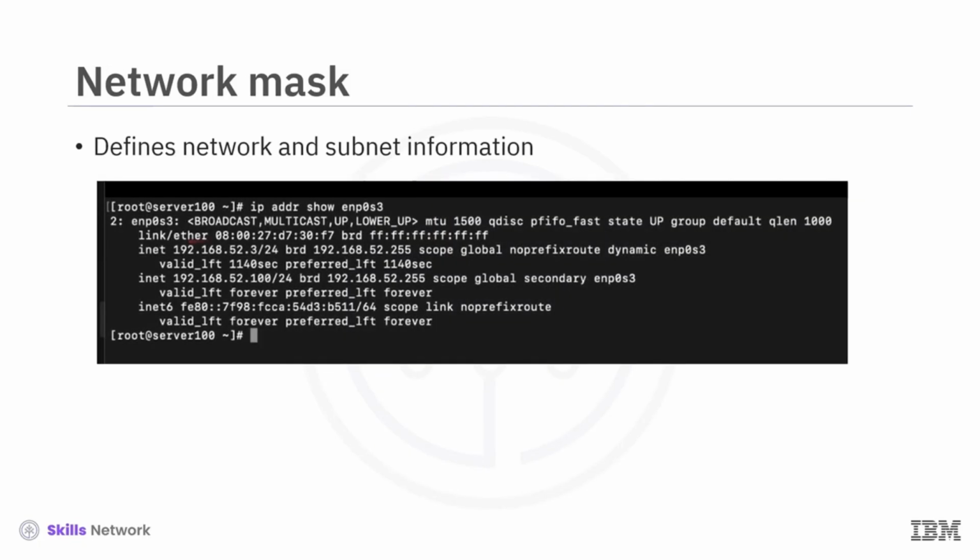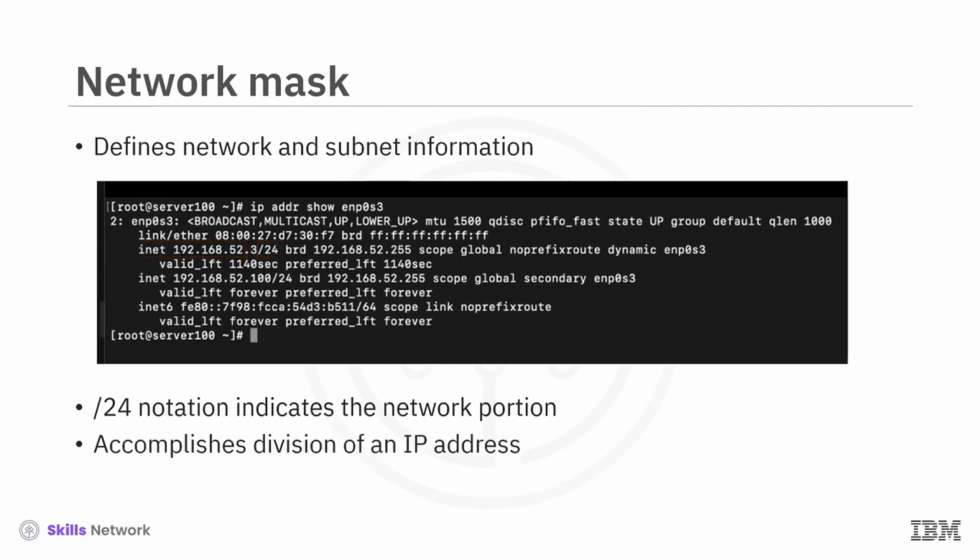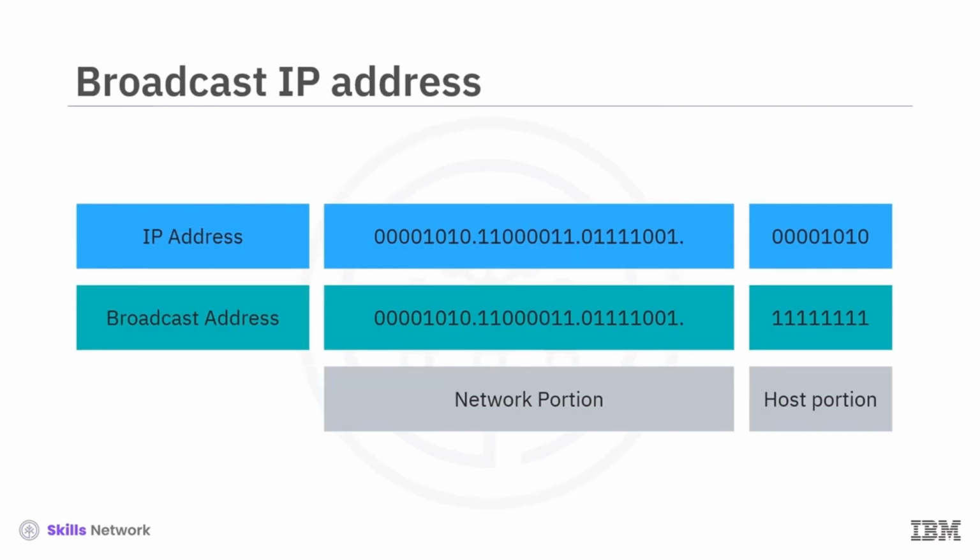Network mask, also called the subnet mask, is the assignment of bits to be used by the host or router to determine how the network and the subnet information are partitioned from the host information in the IP address. /24 at the end of the IP address indicates the first 24 bits, or 3 octets, of a particular IP address represent the network portion, while the remaining 8 bits, or 1 octet, are dedicated to the host address. The network mask is what accomplishes this division of an IP address into a network and a host segment. Let's now discuss the IP address prefix.